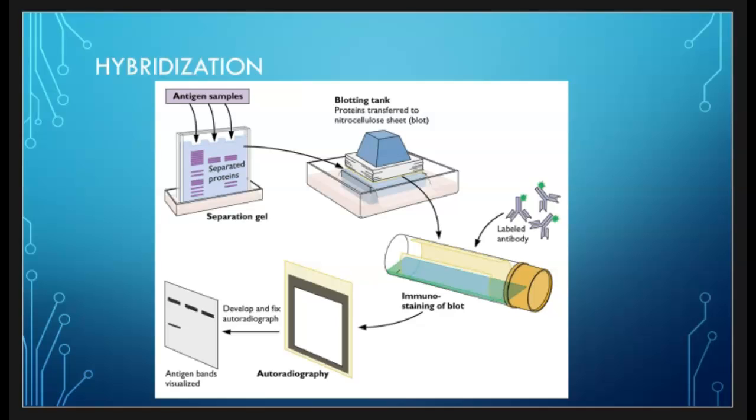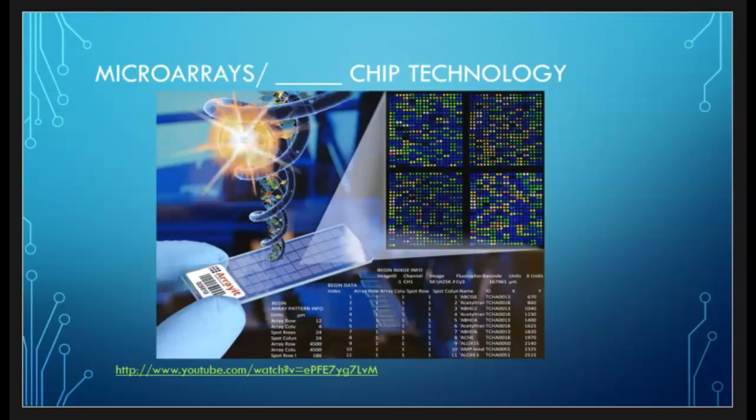Then the next method that we're going to talk about is the DNA chip technology, or microarrays. In the microarrays, DNA or RNA probes are anchored to a surface, usually a glass slide. If you look at this glass slide in this picture, you see these frosted, opaque squares.